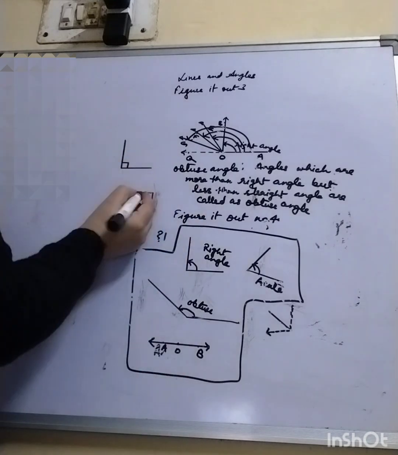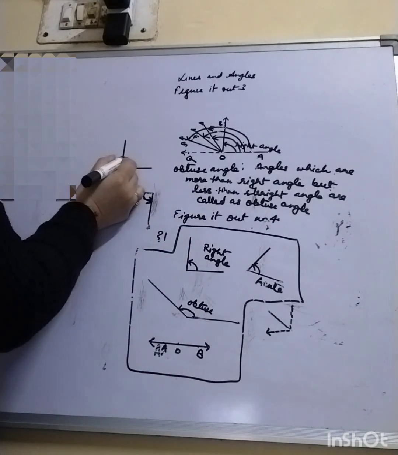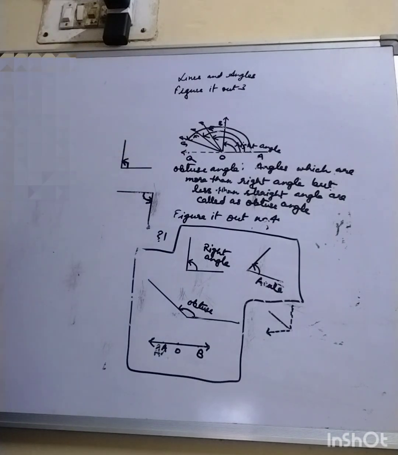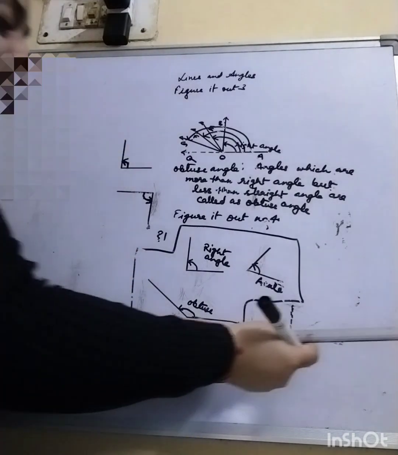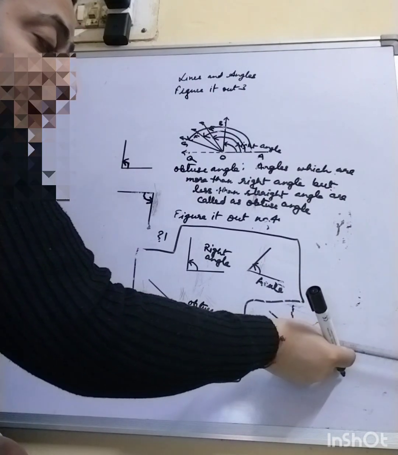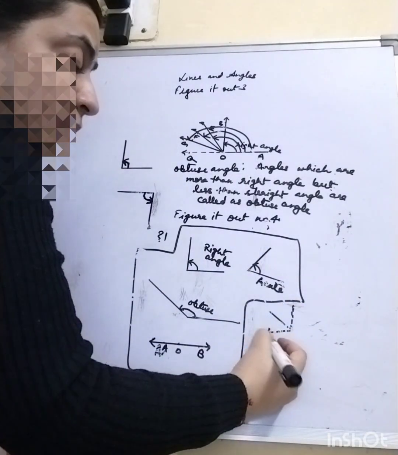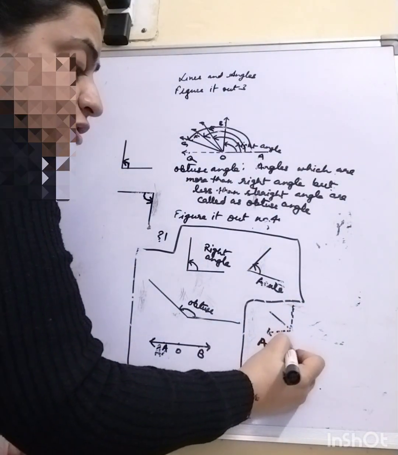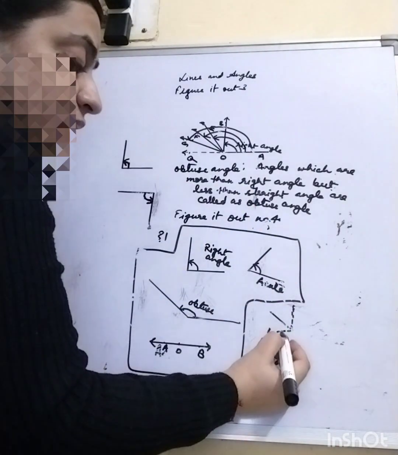So turning is important. Unless you understand the turning of the two arms, you won't be able to conclude which type of angle. So here my turning is starting from the left side and going till here. So this is less than L shape. So this is an acute angle. This is not an obtuse angle.